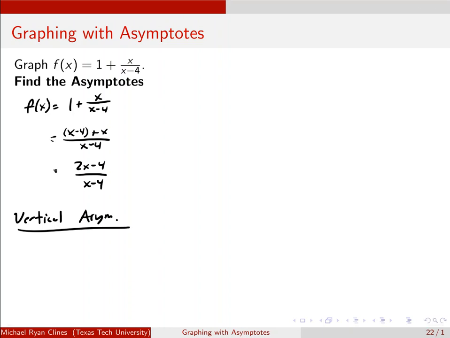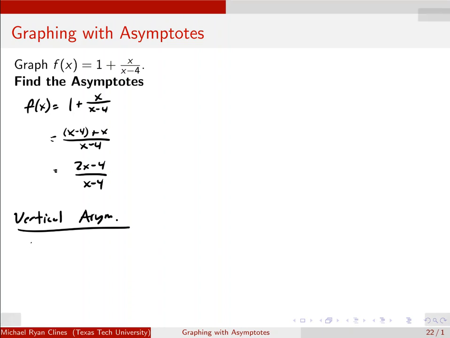So, if we look at this function, we can kind of guess that we think there's going to be a vertical asymptote at the point x is equal to 4. Why? Because we have an x minus 4 in the denominator, so when you plug in 4, it's division by 0, breaks the function. Now, it could be a hole, could be a jump, so we still have to check. So we think it's at x is equal to 4.